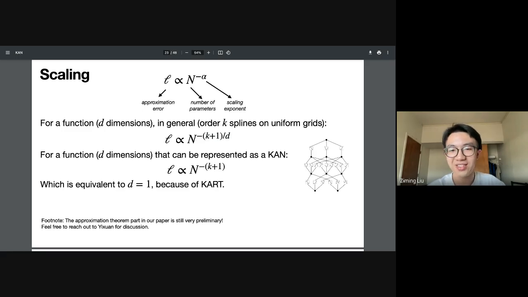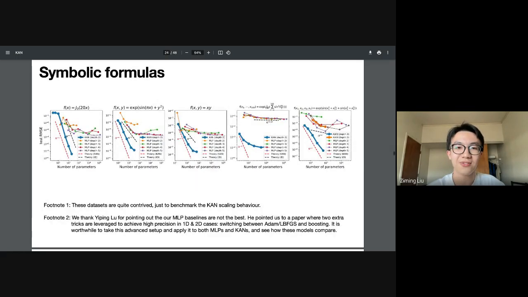Can we achieve this empirically? And the answer is yes, at least for some simple examples we care a lot about, maybe in science, like simple symbolic formulas. We can indeed achieve the scaling law here. The blue lines are for the KANs, and the red dotted lines are for the theoretical line.